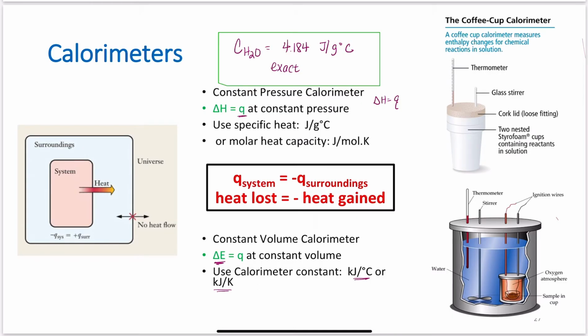The Q of your system, the heat gained by the system is lost by the surroundings, or vice versa. Heat lost by the system is gained by the surroundings. So if your system gains heat, and Q is a positive value, then the surroundings had to lose that heat.